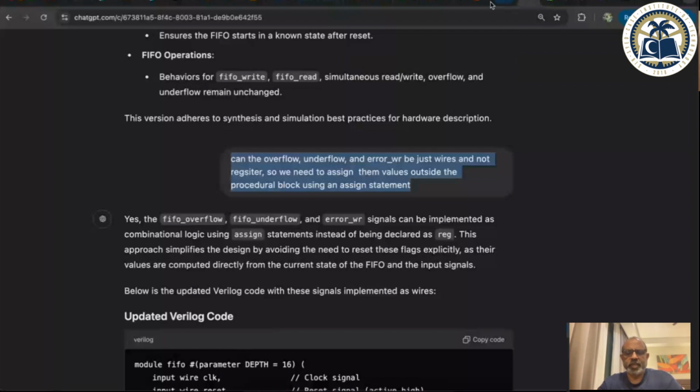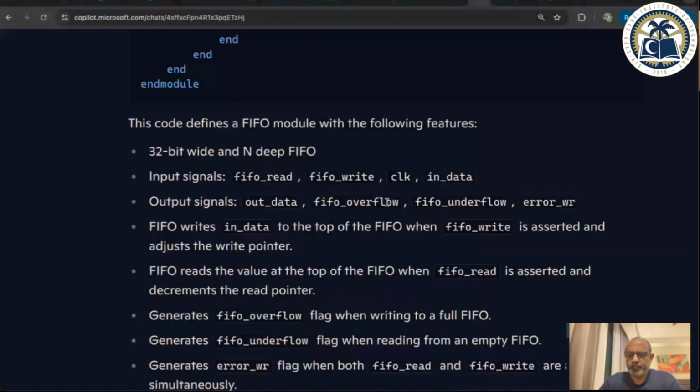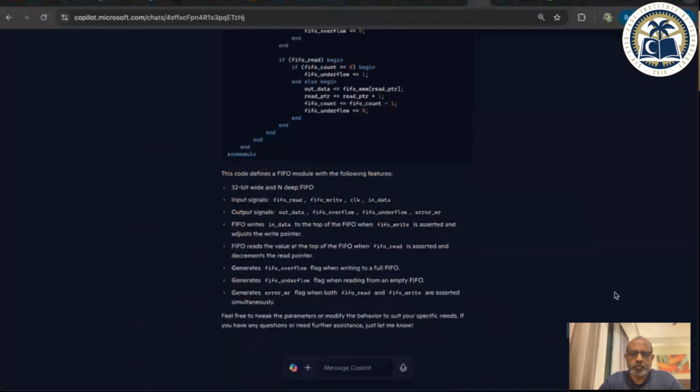First, let me ask it to fix the increment: the read and write pointer increments shall be modulo with n.